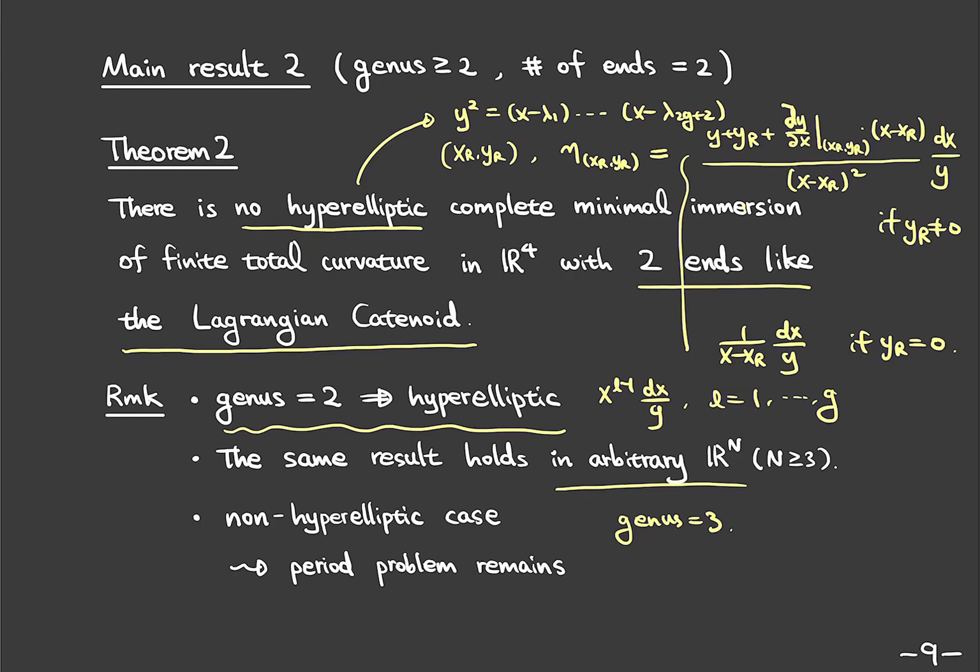Although it has an advantage that it is a smooth plane quartic curve, algebraically one can find meromorphic one forms satisfying all the desired conditions except the period condition. So we need some new method to overcome this problem.